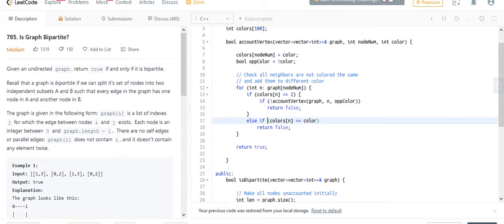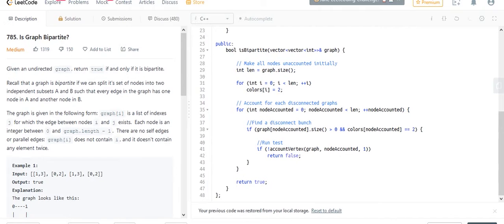But if they were already colored and the neighboring vertex was of the opposite color, we do not do anything. But if it happens that the neighboring vertex was of the same color, we return false, because in that case the graph is not bipartite.